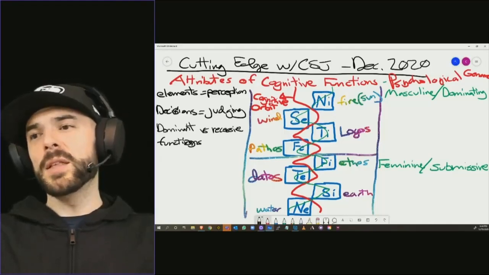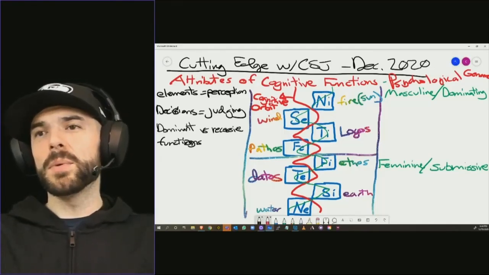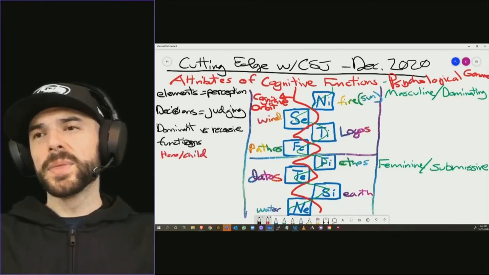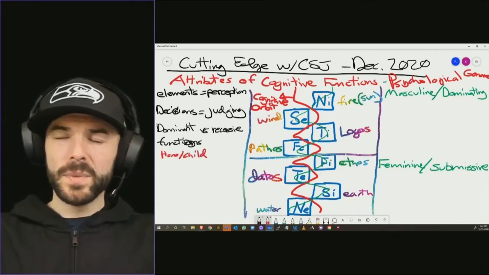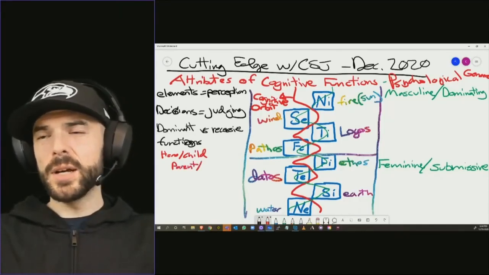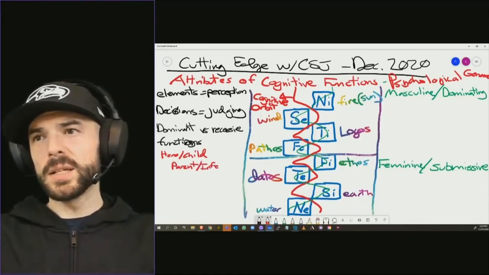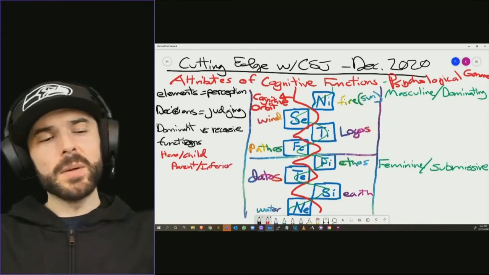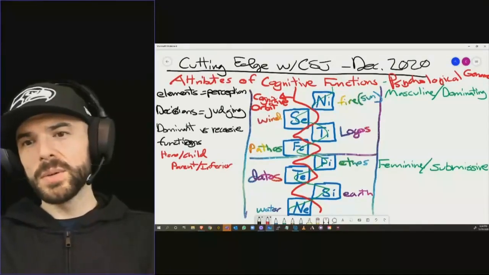Okay, and this is what ends up giving you, for example, hero slash child, right? And then you have parent slash inferior, basically, all in yin and yang equilibrium, as a result.